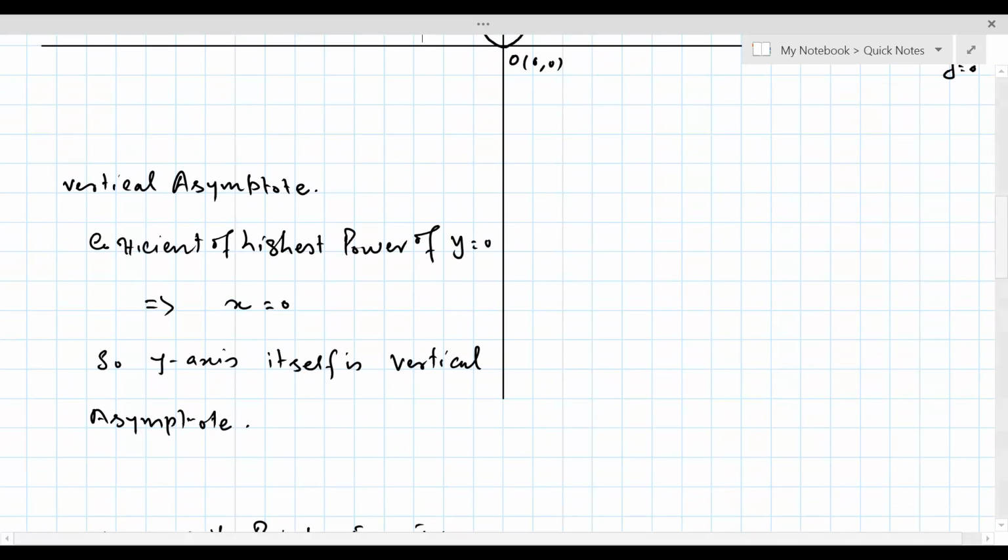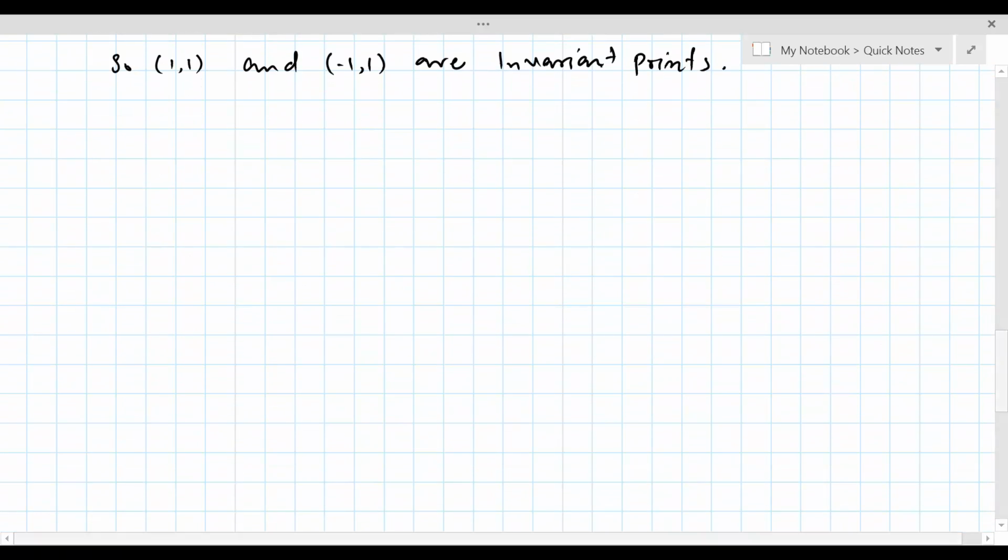And let's also find out if there are any intercepts. For x-intercepts, put y is equal to 0. If so, 0 is equal to 1 over x square.